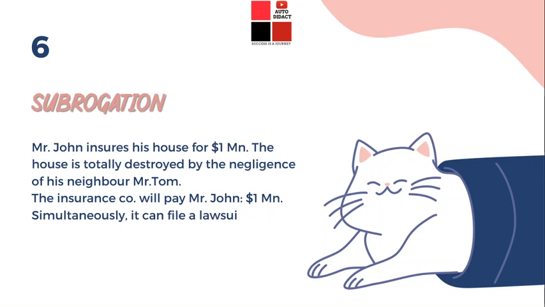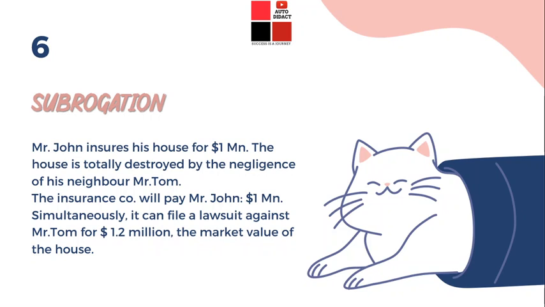At the same time, it can file a lawsuit against Mr. Tom for $1.2 million, the market value of the house. If the insurance company wins the case and collects $1.2 million from Mr. Tom, then the insurance company will retain $1 million, which it has already paid to Mr. John, plus other expenses such as court fees. The balance amount, if any, will be given to Mr. John, the insured.